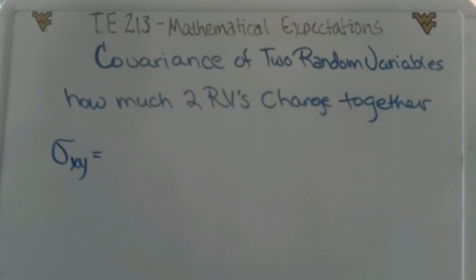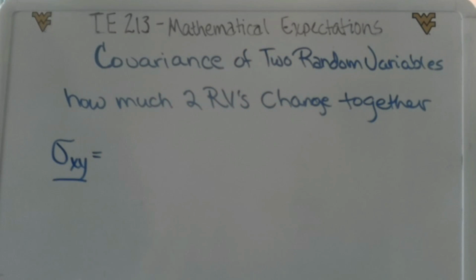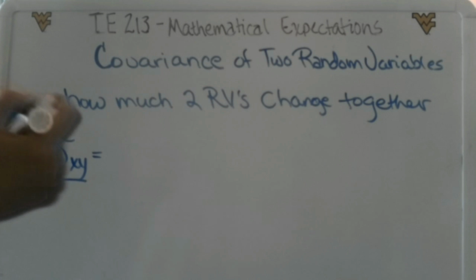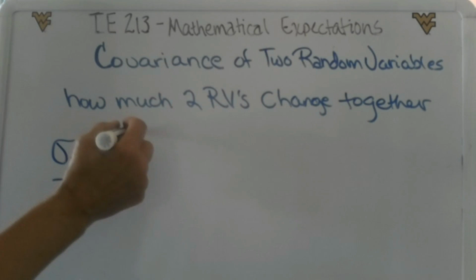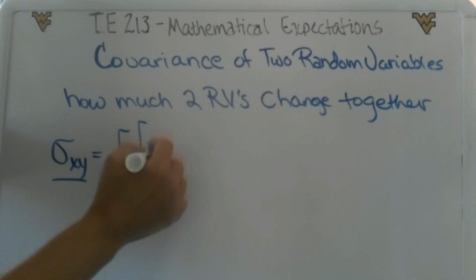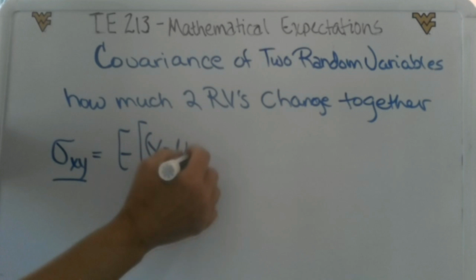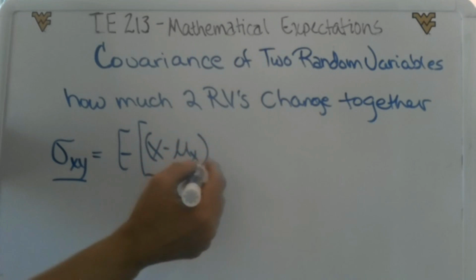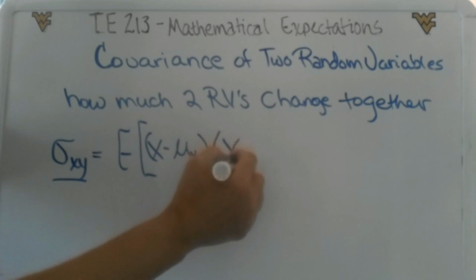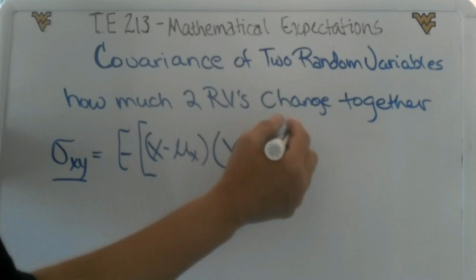So we're going to let x and y be random variables with joint probability distribution f of xy. And the covariance of x and y is denoted by sigma xy. And this is equal to, for discrete, the expected value of x minus mu of x for variable x, and y minus mu of y for variable y.